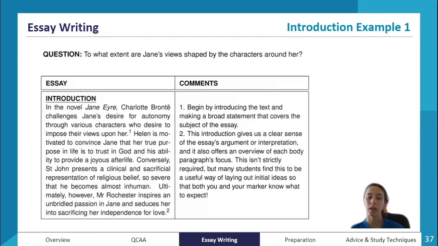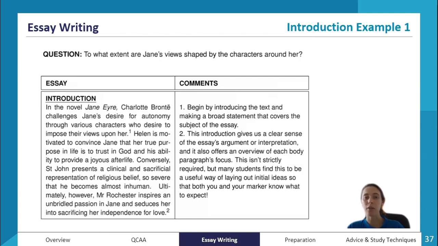So it's not strictly required that you provide that overview of each of your body paragraphs, that signposting or preview, but it can be really helpful for a few reasons. It can allow you to really understand what you are going to focus on in your body paragraphs.